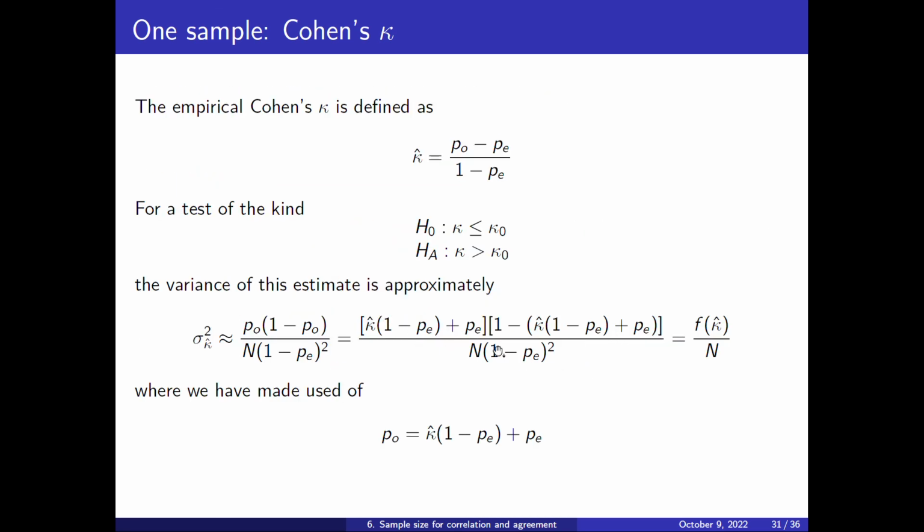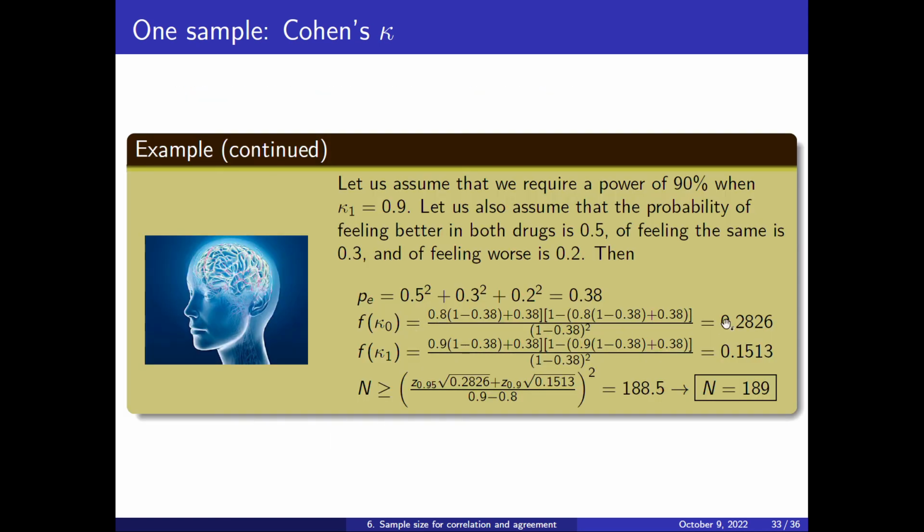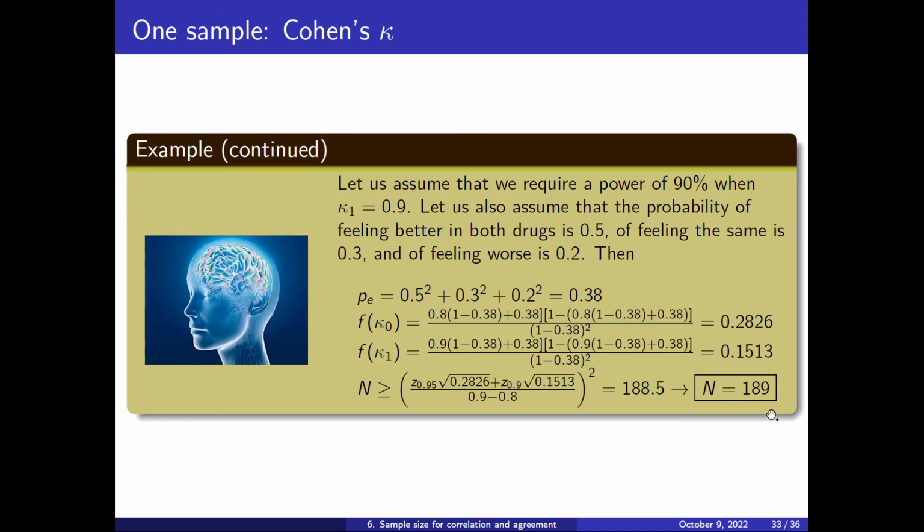Be careful with the substitution. f kappa 0 is this one, f kappa 1 is this one, and then we simply have to substitute in this formula, and we have n equal to 200, so about 200 people. So we see that it is not so easy to show that some labels are consistent between different people.